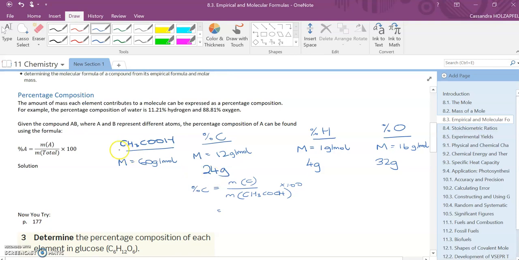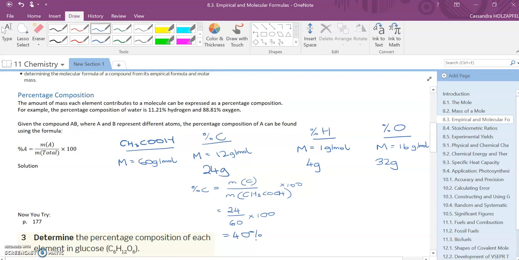Like we said before, I've got 2 carbons in here, so if I have 1 mole of this substance, that's going to weigh 24 grams. And the total mass of this compound, assuming I have 1 mole, is going to be 60 grams. And then times that by 100 to make it a percentage. So just going to quickly chuck that into my calculator. 24 divided by 60 times 100 is going to be a nice round 40%. So the percentage composition of carbon is going to be 40%.